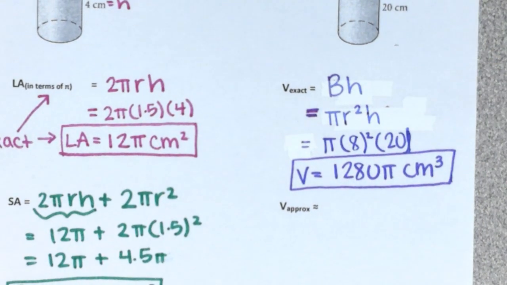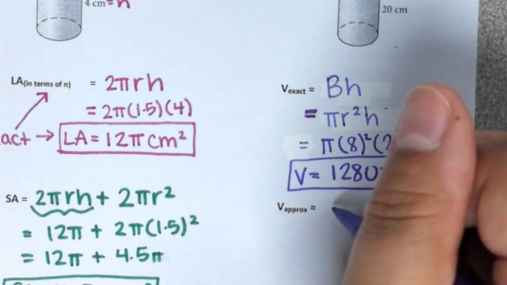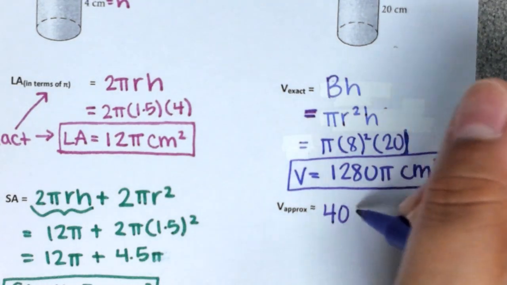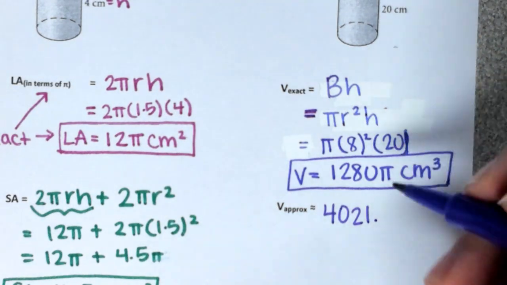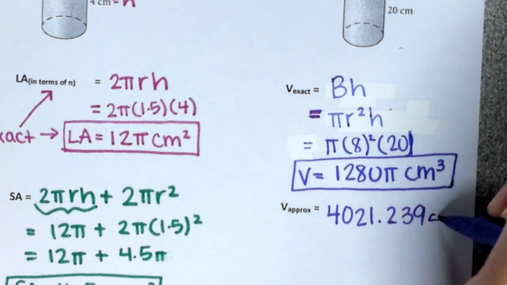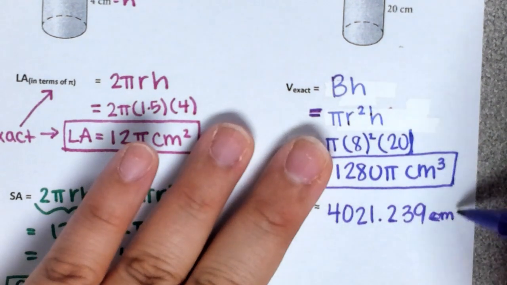That's my exact answer. How do I get the approximate answer? Put pi in the calculator. So 1280 with pi is going to be approximately what? 239 centimeters, goodness gracious, cubed.